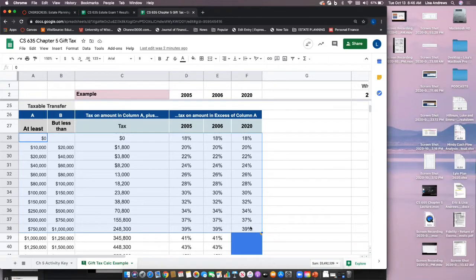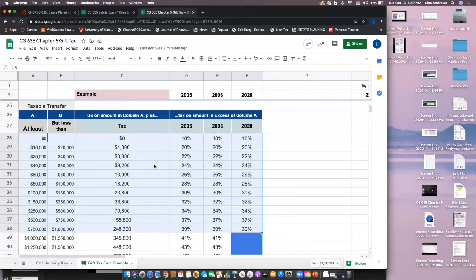They really haven't fought over the tax rates at these lower estate levels or these lower gifting levels. Remember that they're unified because it's lifetime transfers. Well, I should say lifetime and at death. That's what the unified credit is all about. It's unifying how much you give away during your lifetime and how much you have at death, and putting them all into the same limit.